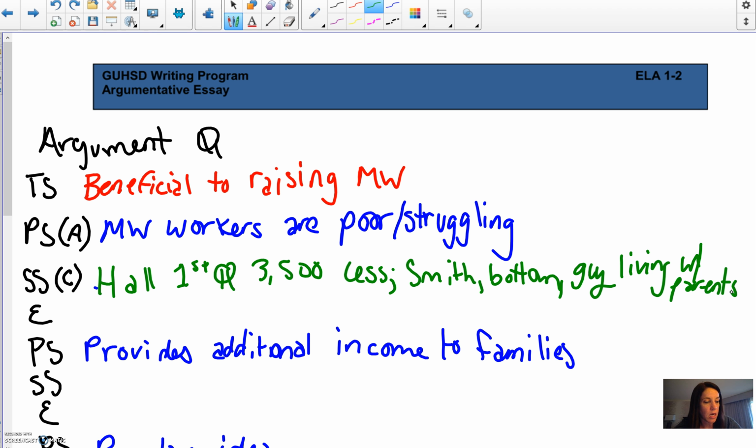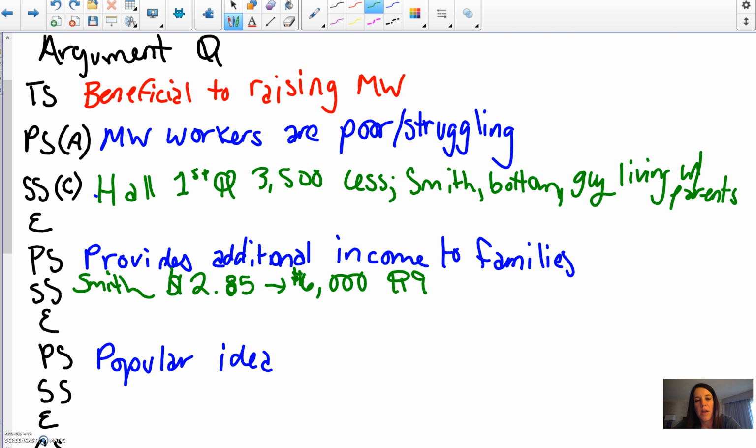And again, that's the Smith article. On mine I have at home, that's paragraph 9. It may be a little bit different for you guys because they changed the formatting, but for me that was paragraph 9. But I also just want to remember that $2.85, and that's $6,000 more.